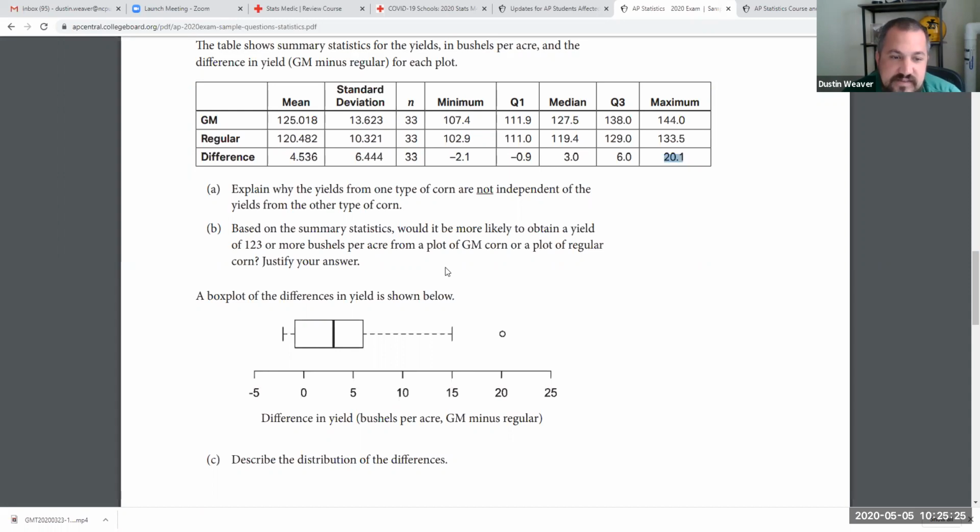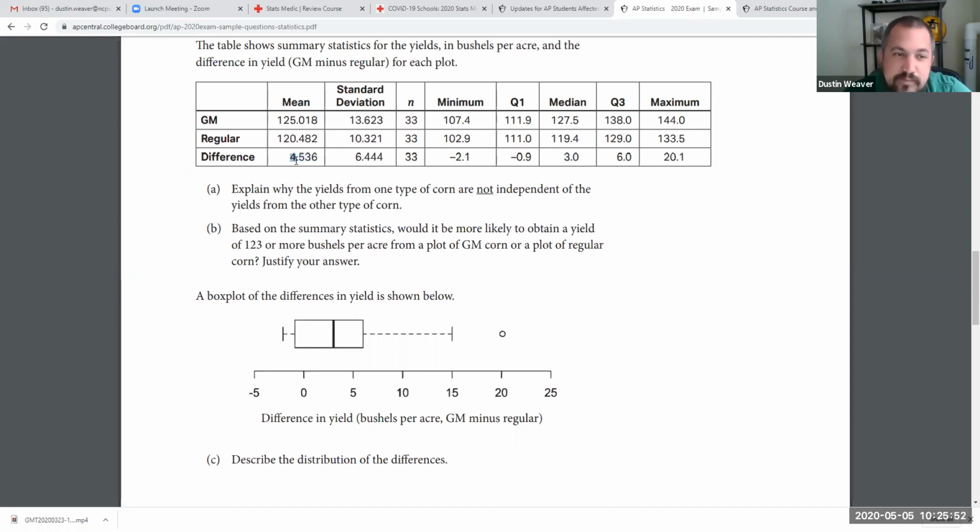Where is the center of this distribution located? The center is 3. So you can use the median or the mean for these, or both. So I can say the median of the distribution is at 3 bushels per acre, and the mean difference is about 4.5.